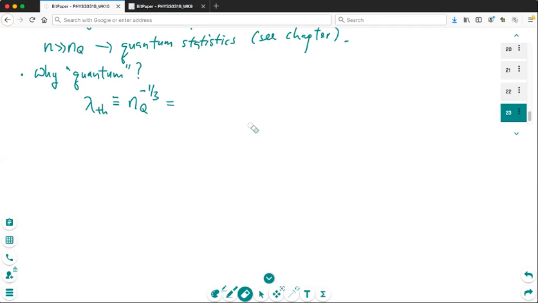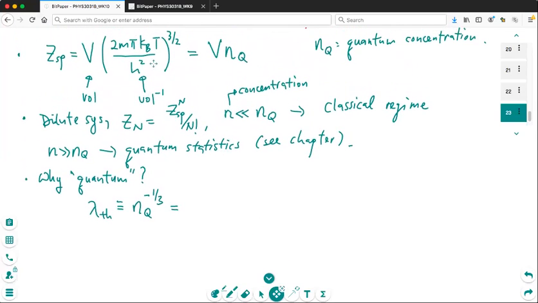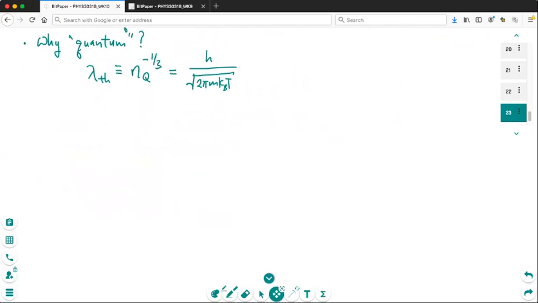I use thermal length first. What is this thing? Okay, so if I do it this way, I will get h. This is h cubed, I take 1/3, and I will get h over the square root of 2 pi m k_B T. Okay, hopefully this already gives you a hint why this is called quantum concentration.